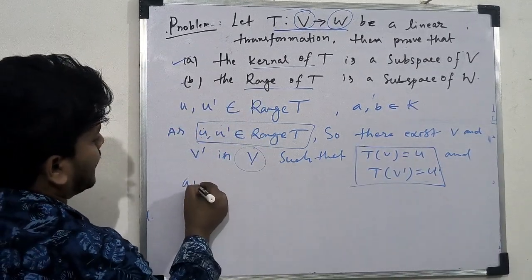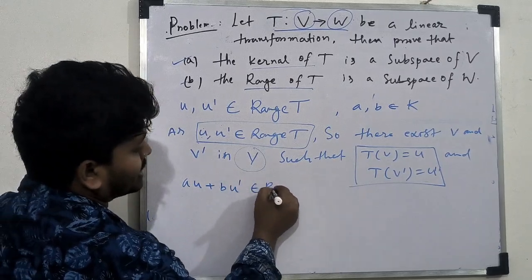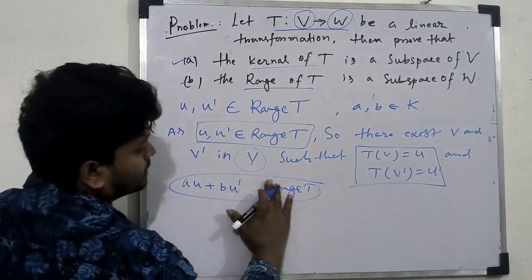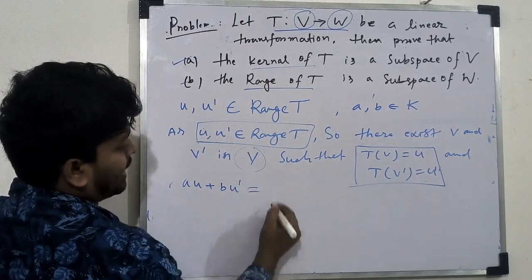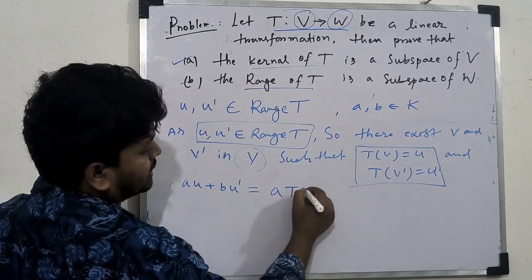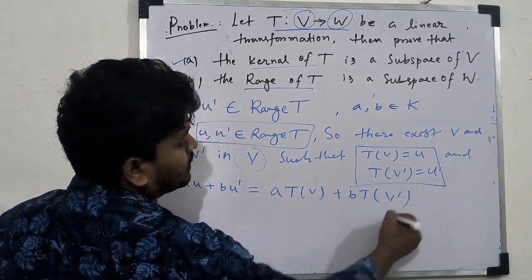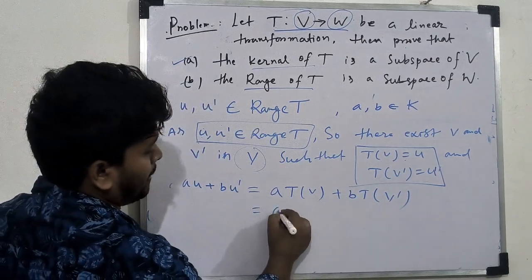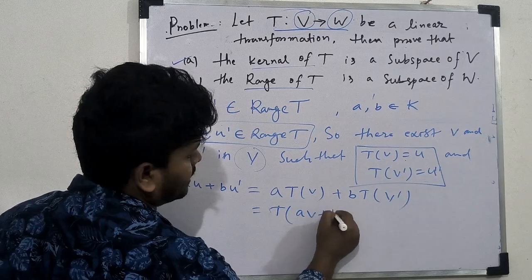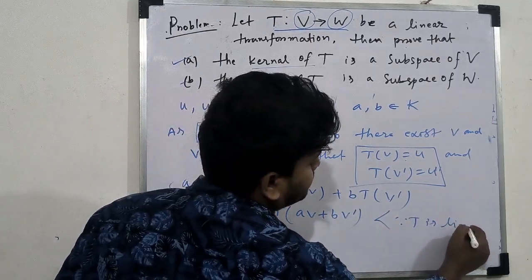Now we have to show au plus bu dash belongs to range T. So for that, you can write T v in place of u and T v dash in place of u dash. So therefore, this can be written as T of av plus bv dash as T is linear.